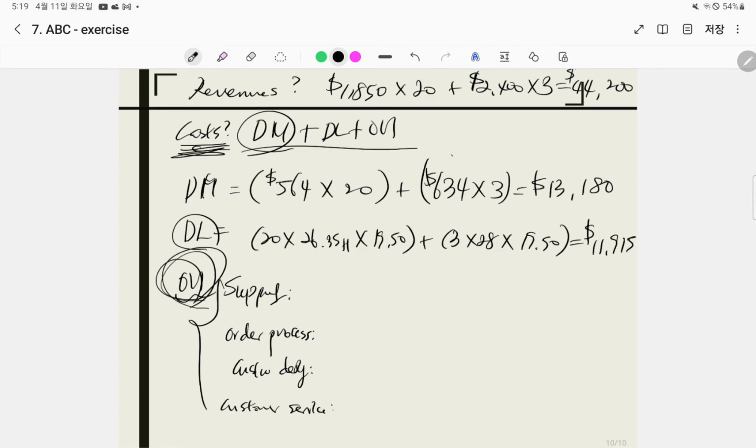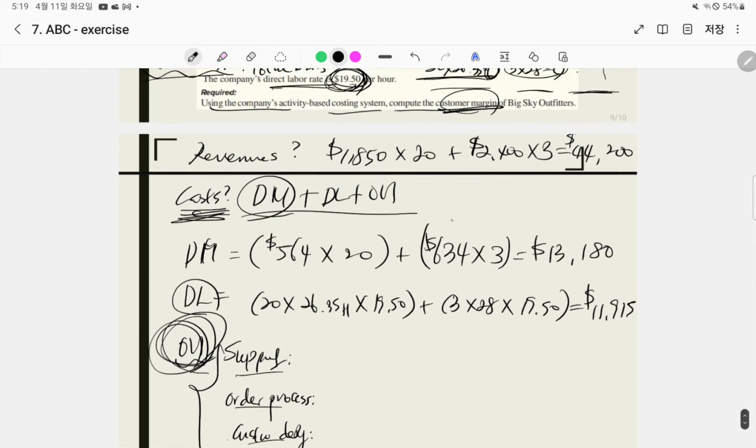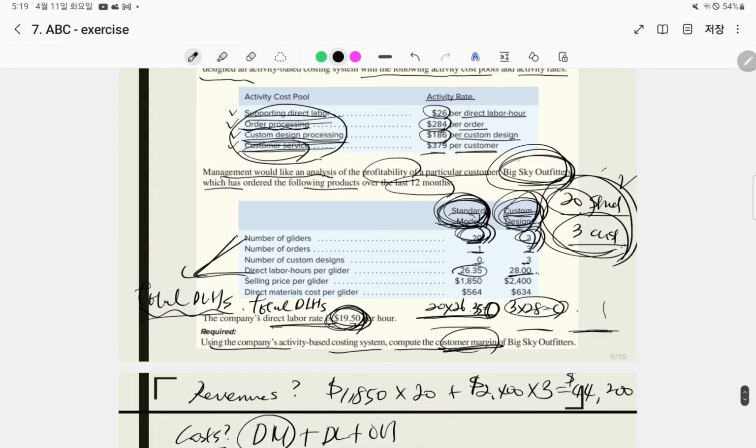Okay, so based on each activity, we should allocate overhead to this cost object, customer, Big Sky Outfitters.